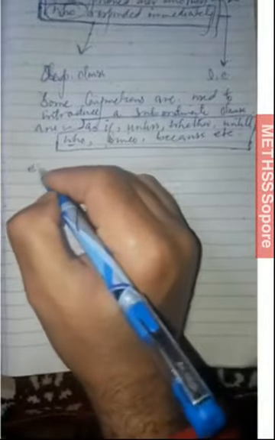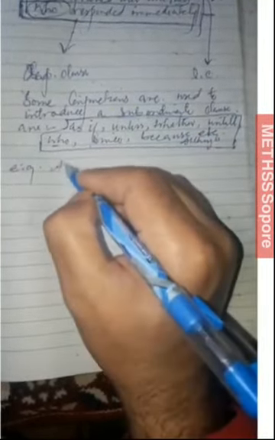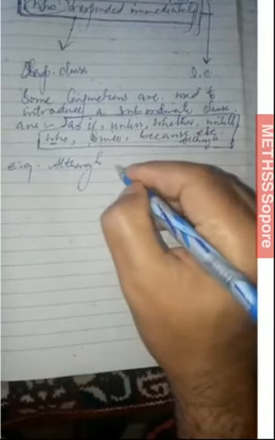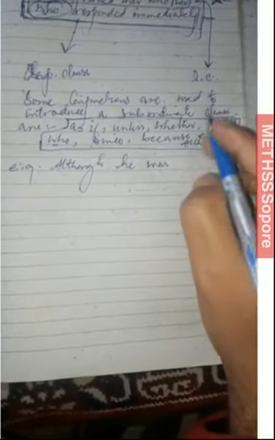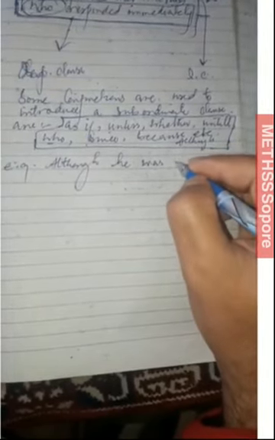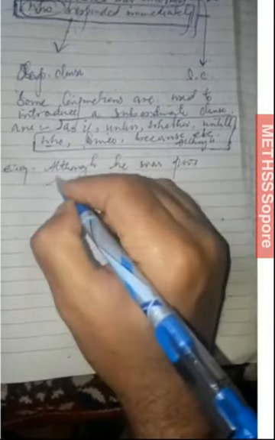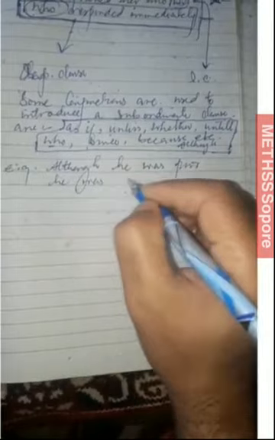I can give you another example, where although is used. Although he was poor, he was happy.